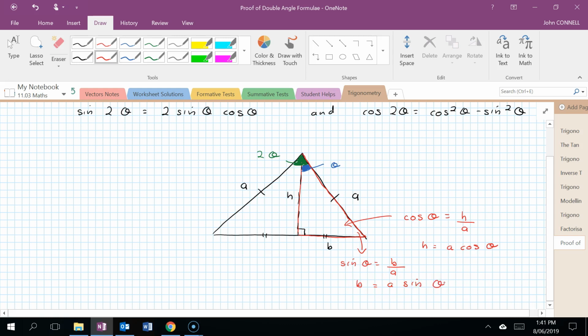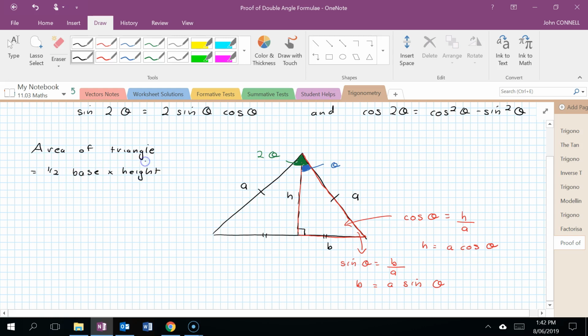Okay, so where are we going? Well, we're going to use this to be able to find the area of my triangle. So area of triangle is equal to half of the base times the height.